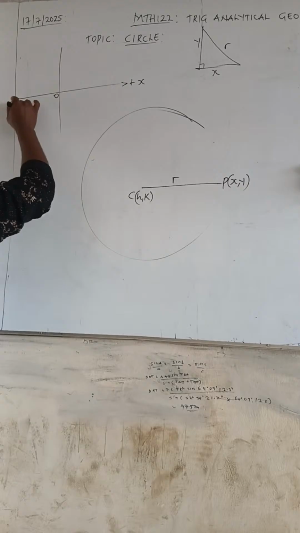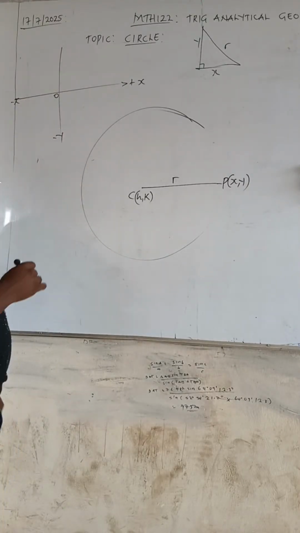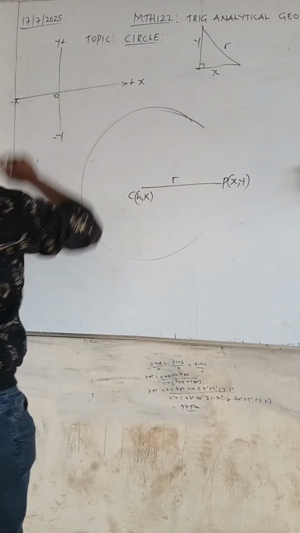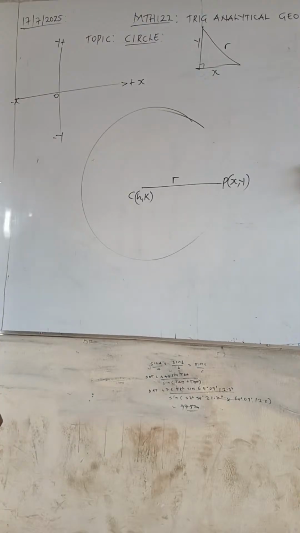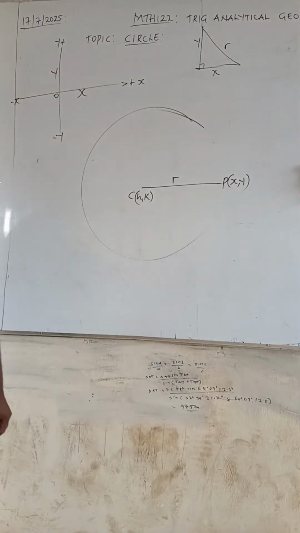This is our minus x. This is our minus y. Amen? Then this is our plus y, isn't it? So it means this is x, this is y.